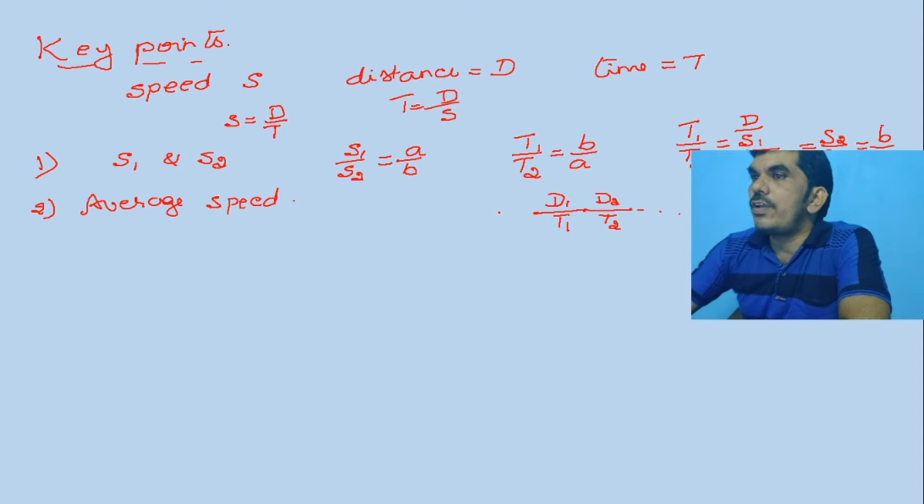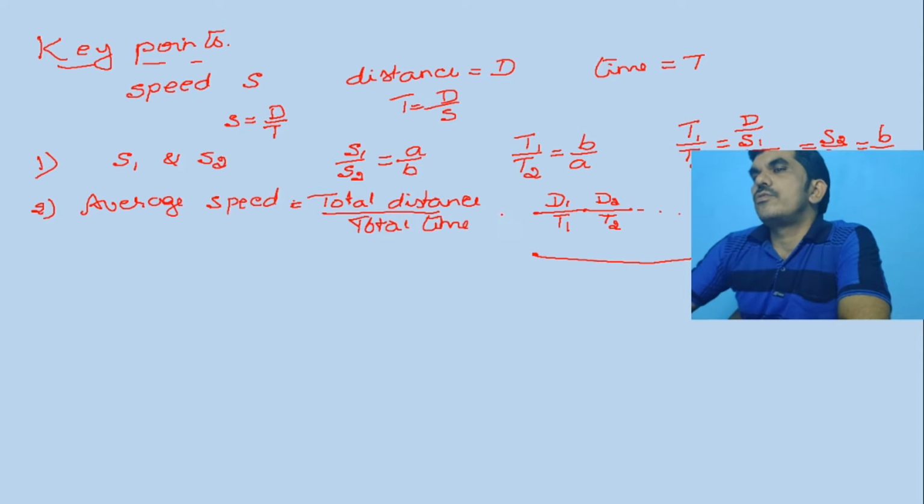Then the average speed of the object is equal to total distance by total time.